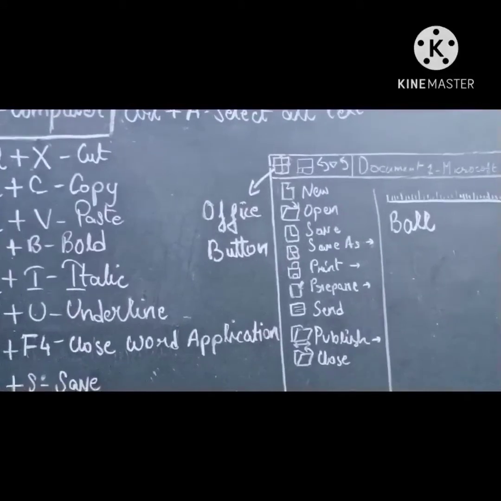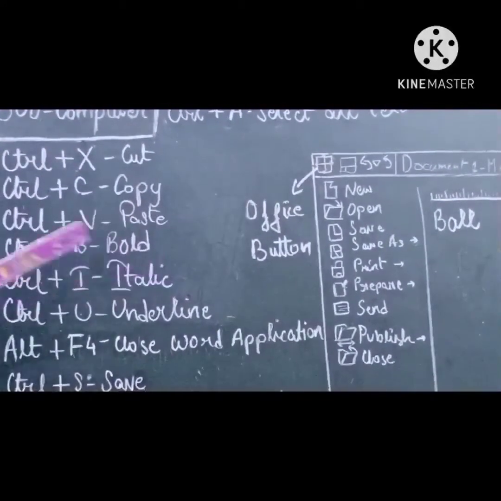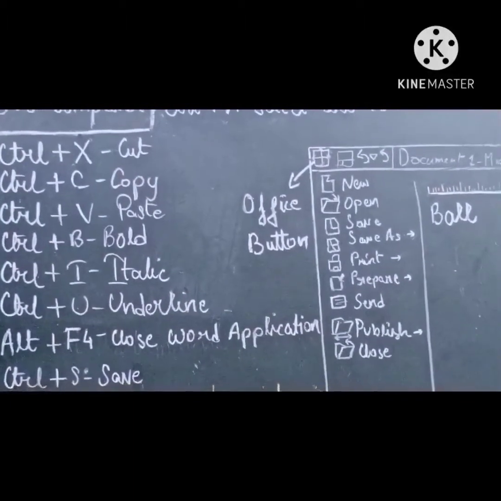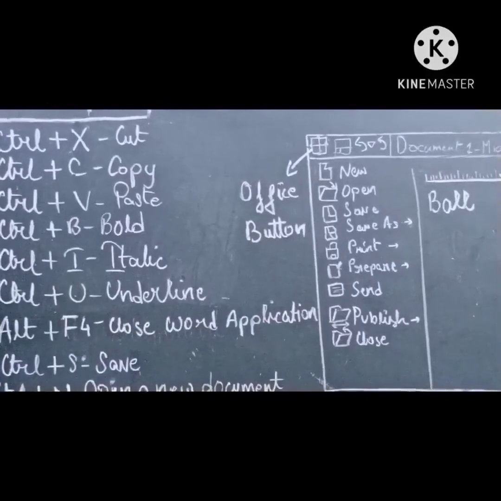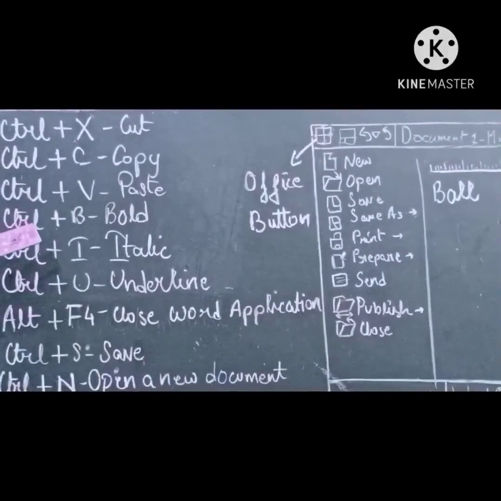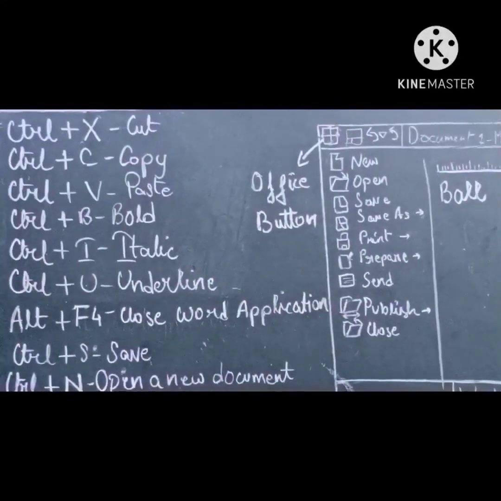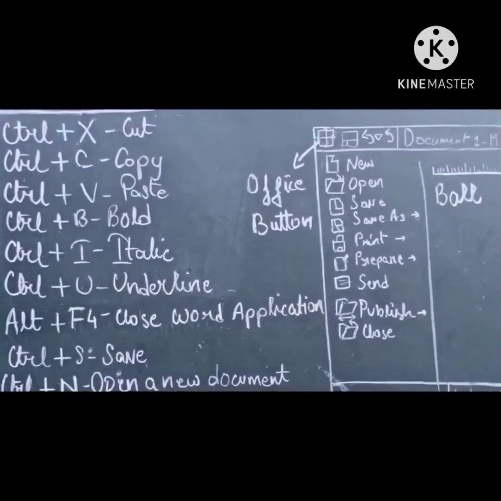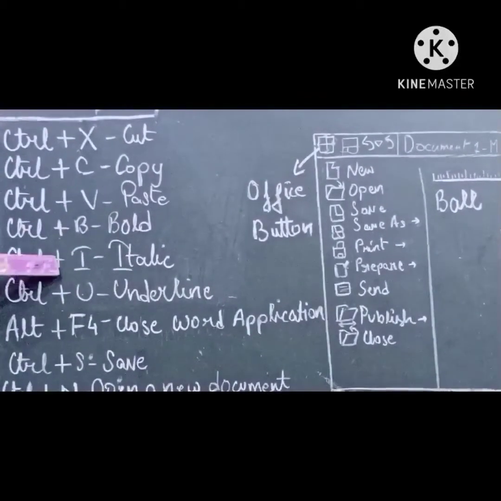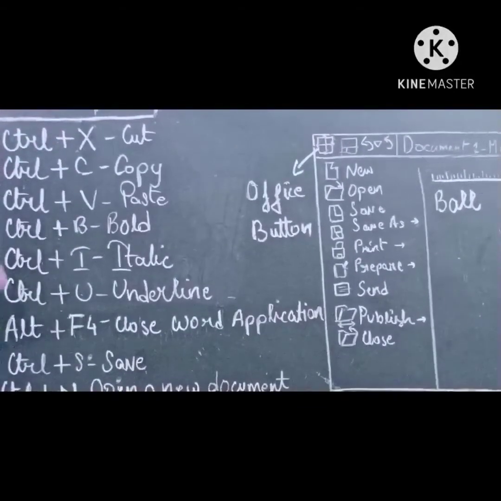Now children, if you want your text to be in bold letters, you have to press Ctrl plus B. Again, if you want your text in simple letters, then press Ctrl plus B again. If you want your text to become italic, press Ctrl plus I. Want to underline your text, children?